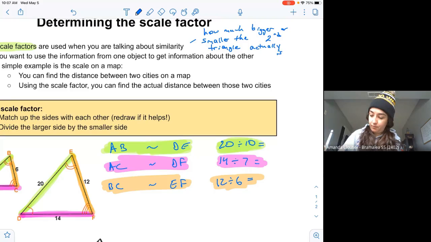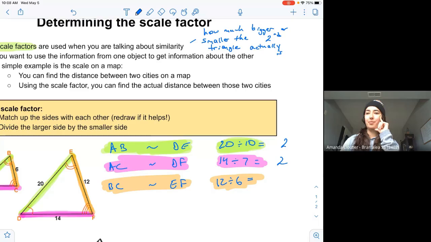2. What is 14 divided by 7? It's also 2. Gee, I wonder what the last one's going to be.